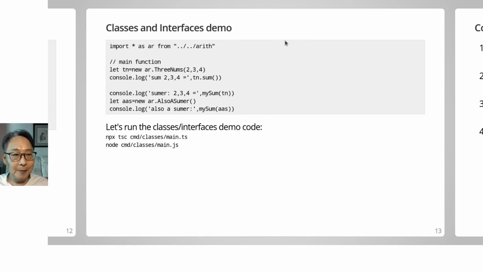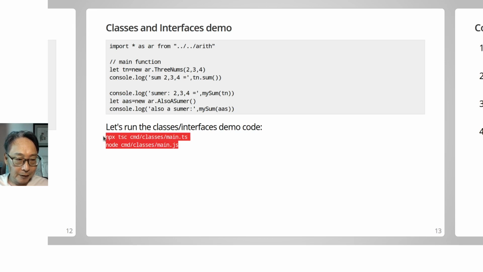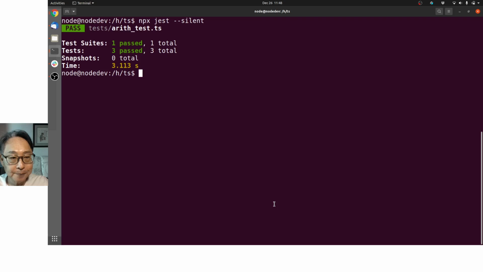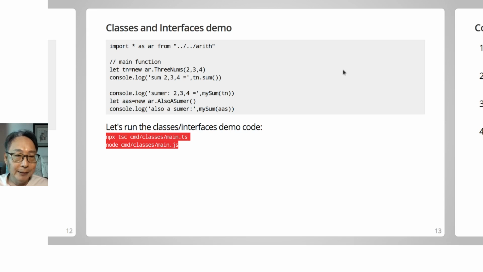So let's run the demo code again in its entirety. So before we run it, it runs the library method. No, sorry, the library method was previously, but it runs an instance method.